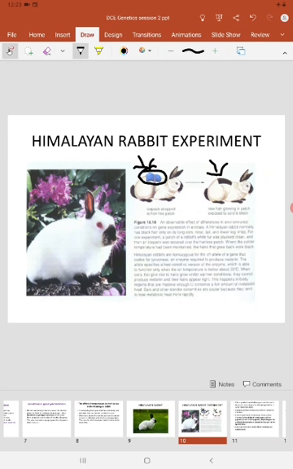This is the first part of the experiment: we have removed a part of the white fur and the temperature is reduced. When the temperature of the environment is reduced, instead of white, we can see black fur developing in that area.